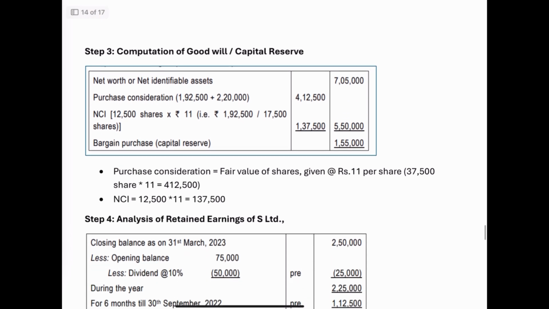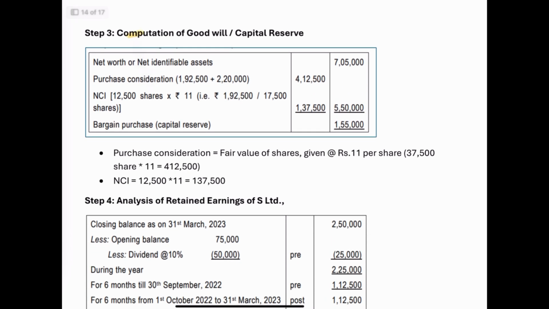Then let's get into the next step, computation of goodwill or capital reserve. Let's see whether we have goodwill or capital reserve. So any one only could be there. So if your procurement value is more than the net assets, then it's a goodwill. And if your procurement value or the purchase consideration is less than the net asset, then you'll have capital reserve.